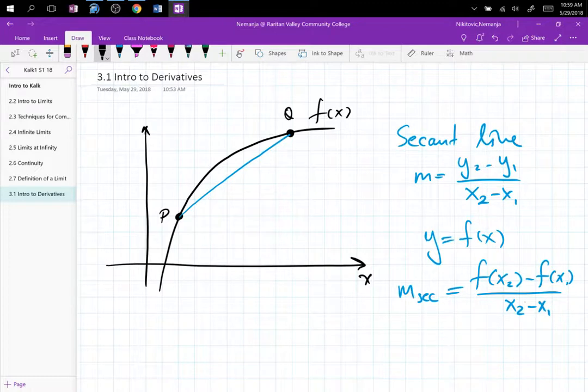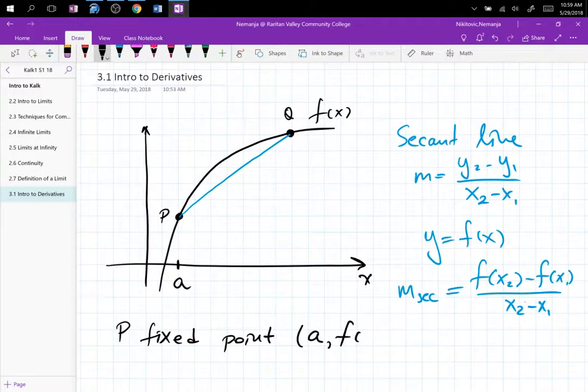Now what I'm going to do is make the point P a fixed point, and that fixed point is at a, f of a, right? So what I've done here is I created a fixed point P. What I'm going to do next is I'm going to let Q travel.